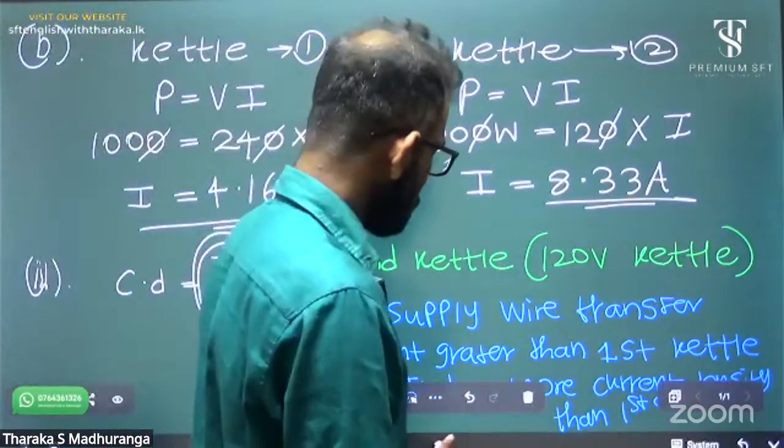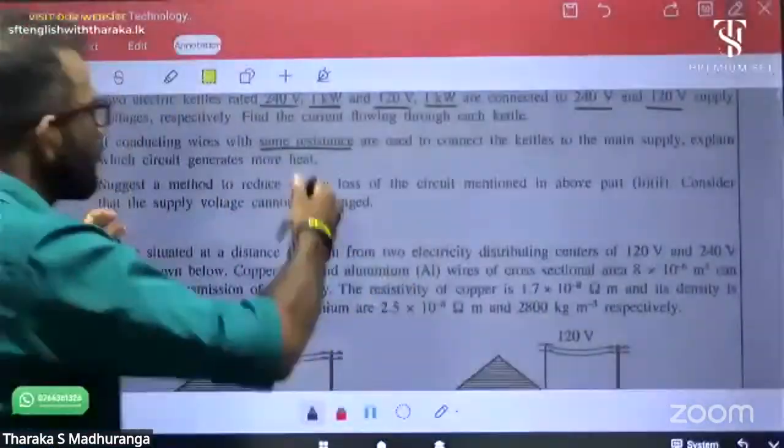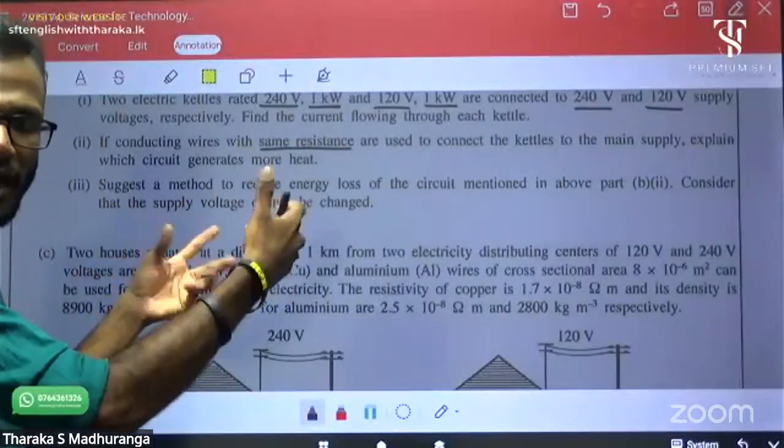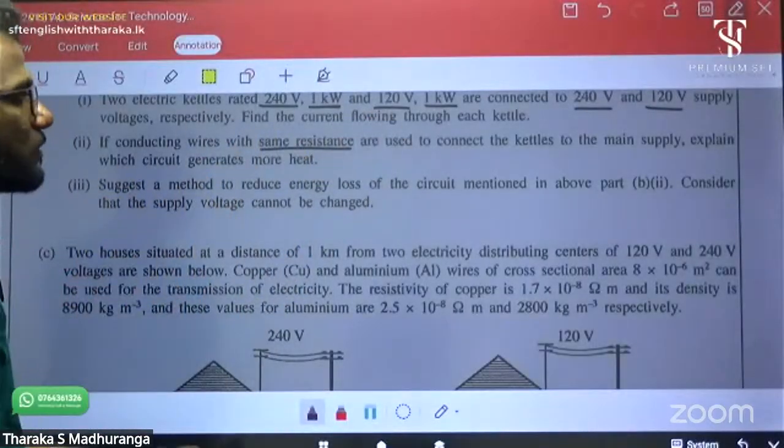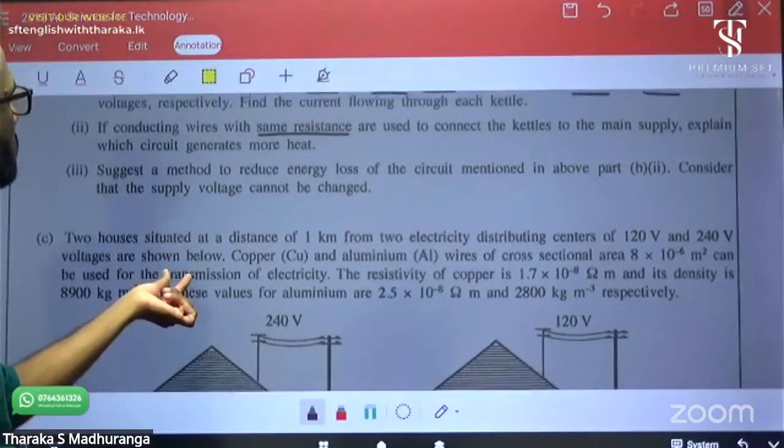Yeah, due to high current density, the second kettle supply wire heat production is greater than the first kettle. Fatima, got the second part?